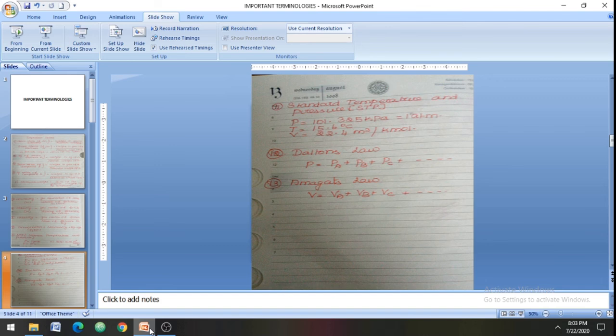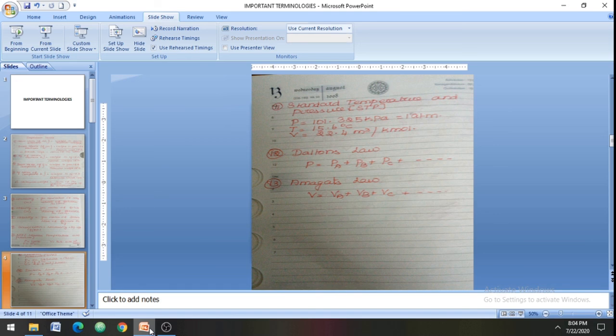Next one is Dalton's law. Already you are familiar; in the previous lecture I also mentioned Dalton's law and Amagat's law. Dalton's law states that the total pressure exerted by a gaseous mixture, that is capital P, is equal to the sum of the partial pressures of the component gases present in the gas mixture.